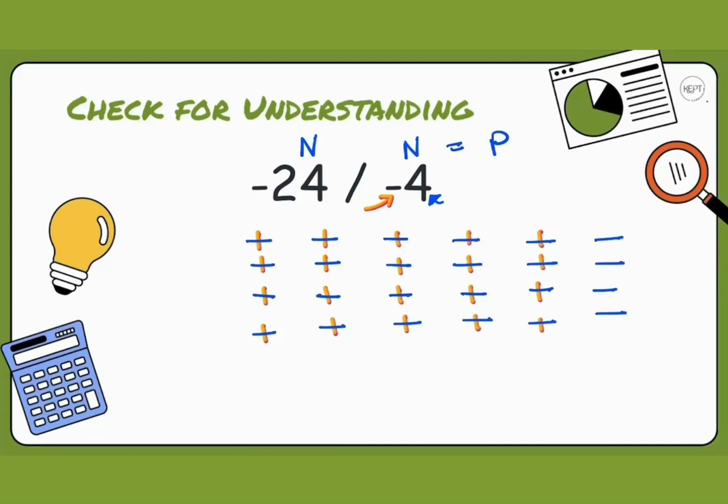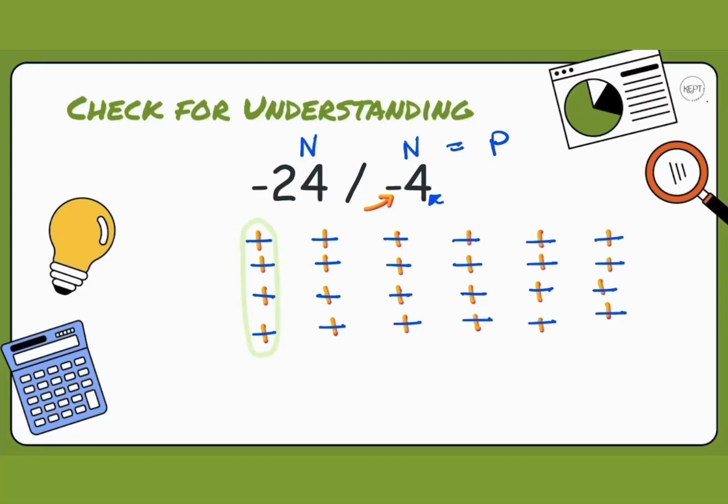So that is one way that we can show a negative divided by a negative using models. Now, when we continue to divide this out, how many groups do we actually get that have 4 in each group? Well, I have this group that has 4.